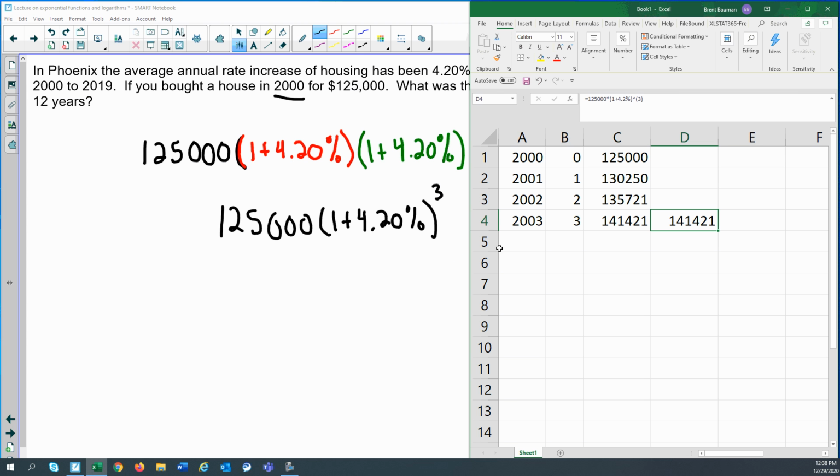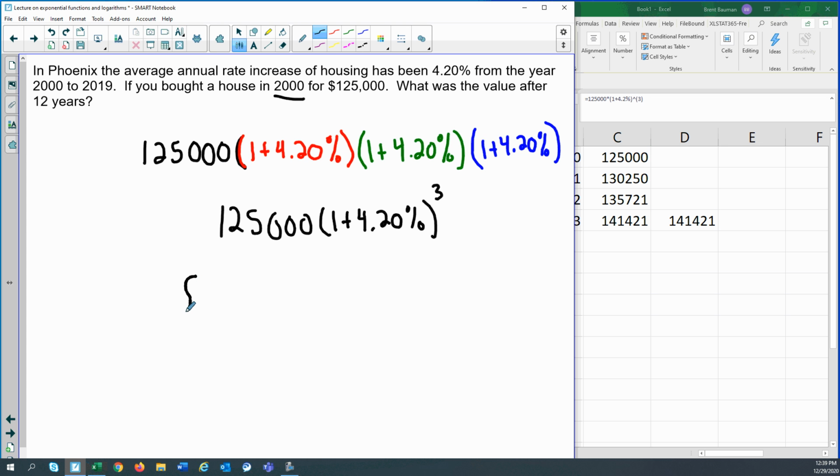So that should lead us into determining a general exponential equation for this to represent any year that we're interested in. So if we write it as function notation, f of x equals 125,000 times our 1 plus the rate.